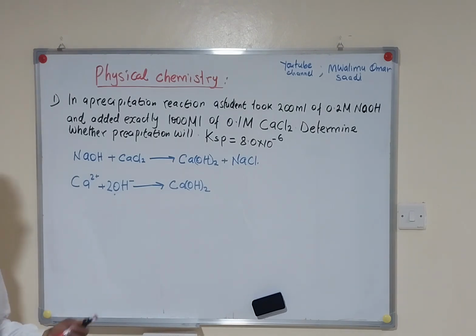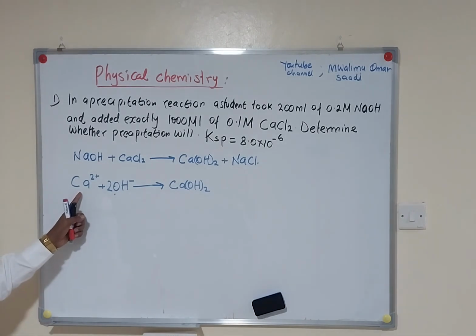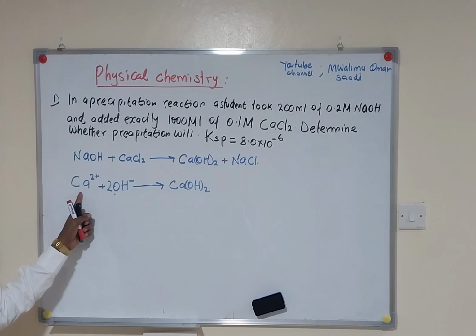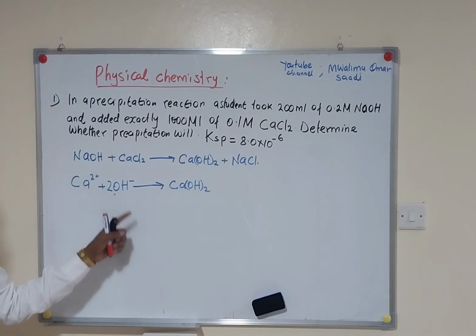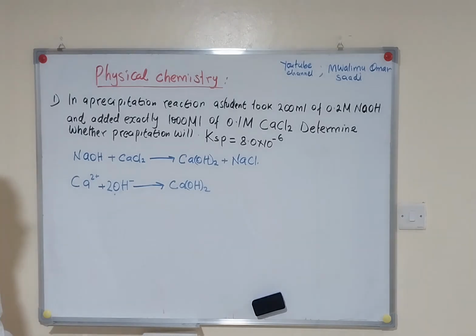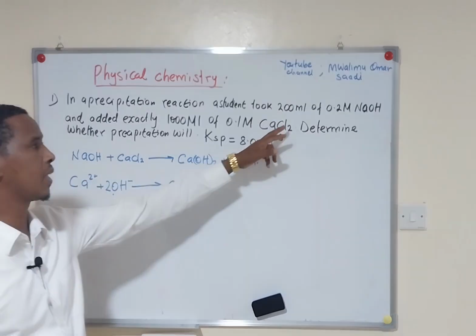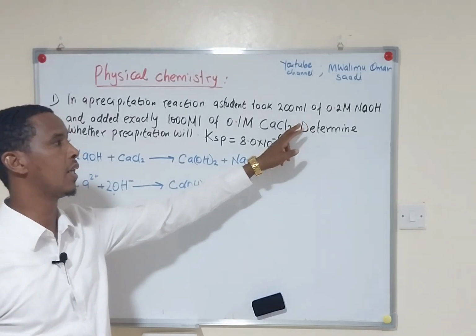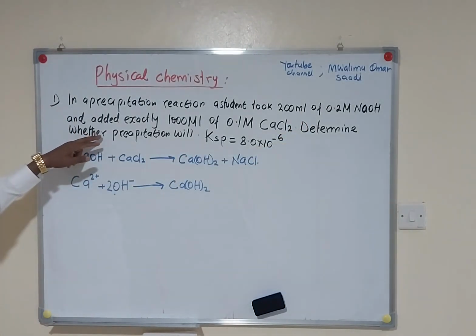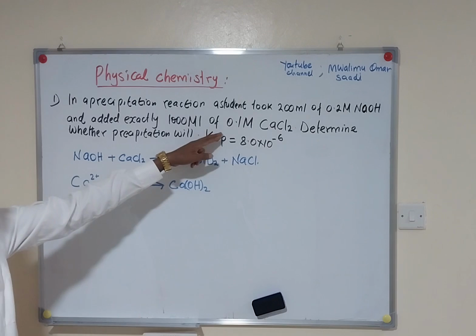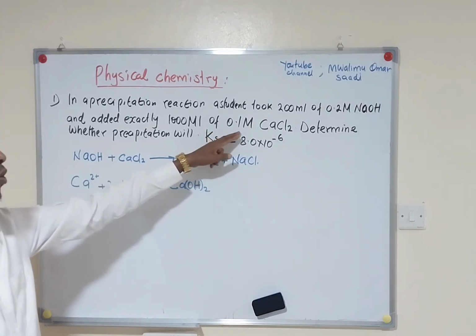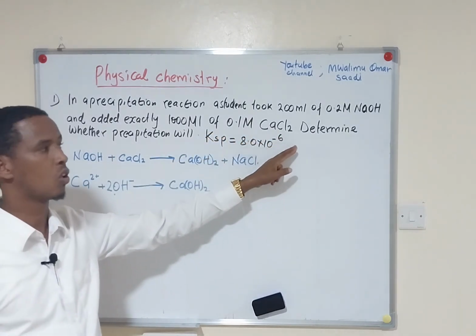So we need to get the concentration of calcium ion and the concentration of hydroxide ion. In the reaction we are told 200 ml of 0.2 molar sodium hydroxide and added exactly 1000 ml of 0.1 molar calcium chloride.